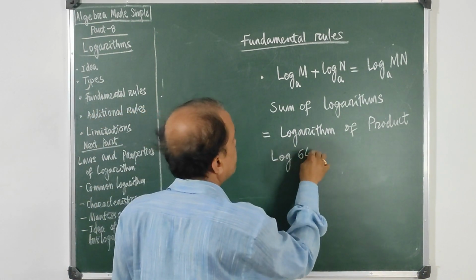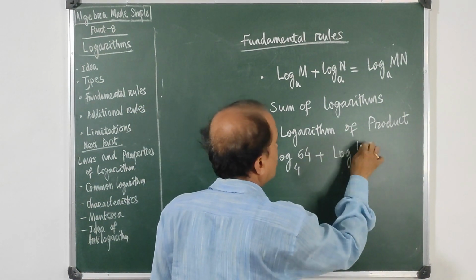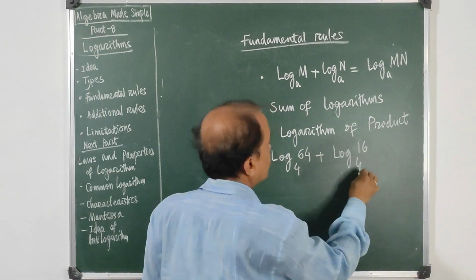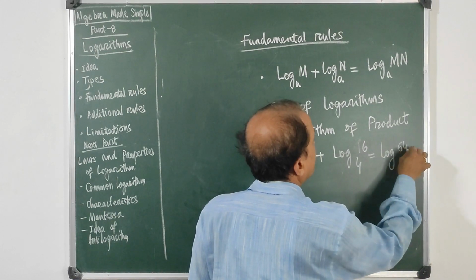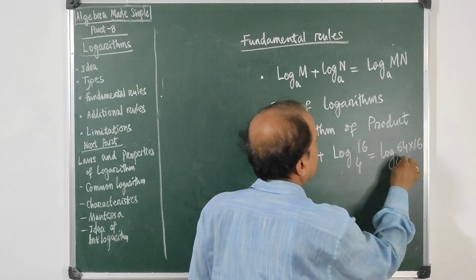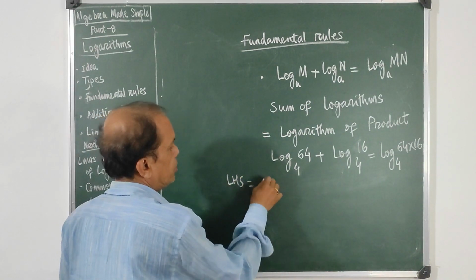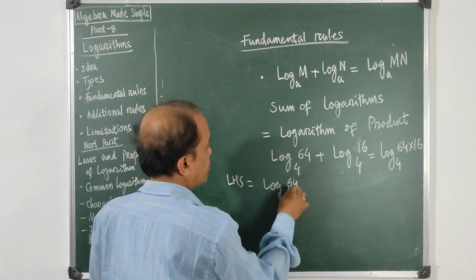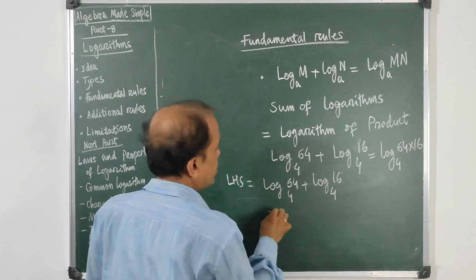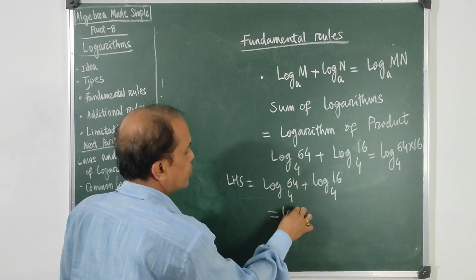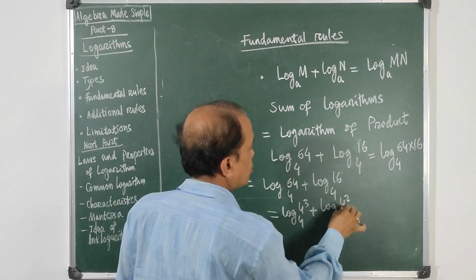Log 64 to the base 4 plus log 16 to the base 4 is log 64 into 16 to the base 4. Let us check it. LHS is log 64 to the base 4 plus log 16 to the base 4, and this is 4 cube, so log 4 cube to the base 4 plus log 4 square to the base 4.